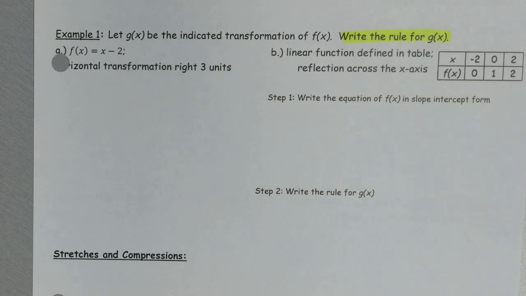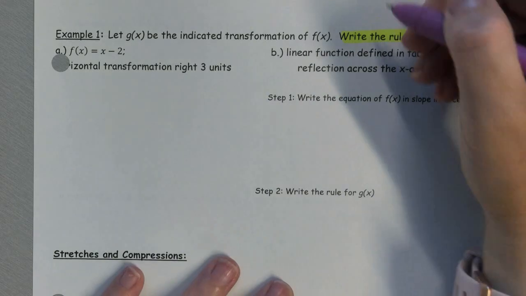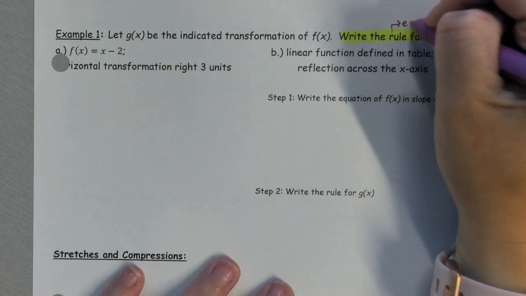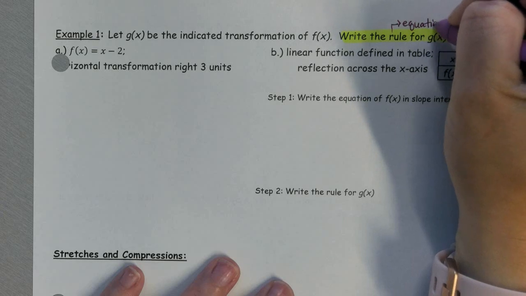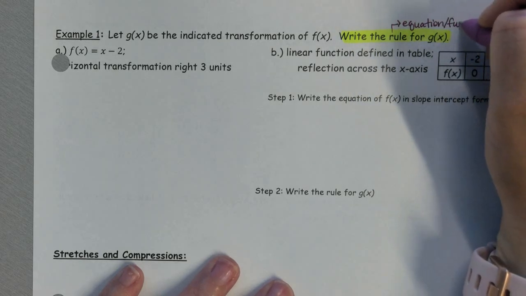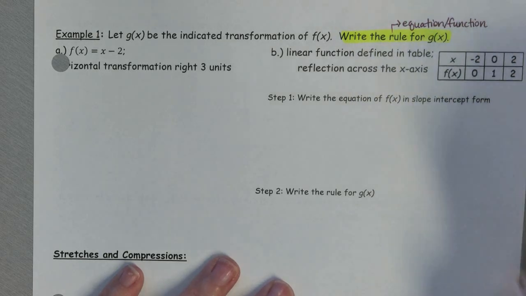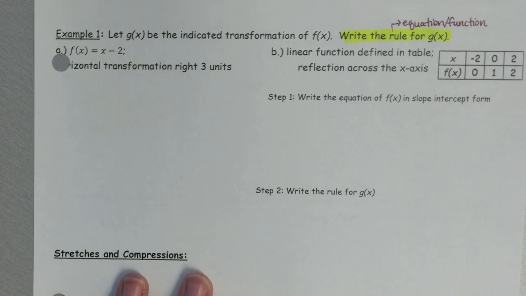Those are the same exact instructions that are going to be on your practice assignments, on your quizzes. So we want to make sure that we understand what that means when it says write the rule. That means that you're writing the equation or the function. And we will be using function notation.